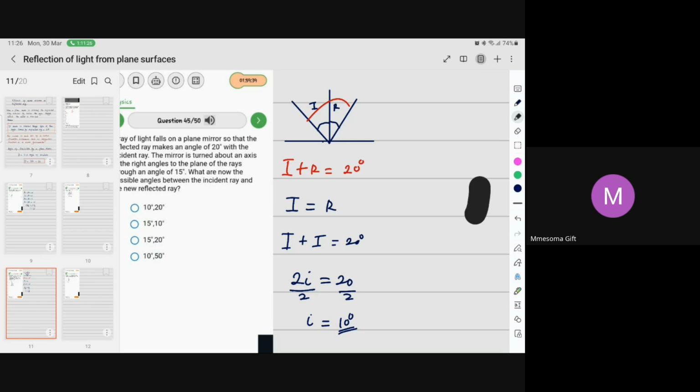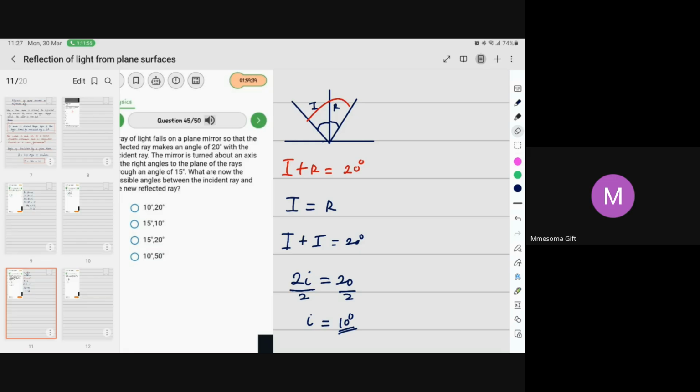Go ahead. I think the mirror is rotated 15 degrees away from the incident, because mostly what we are talking about here is incident. So the mirror will be rotated away from the incident. It will be going from that normal, it will pass the incident to that line that is down.